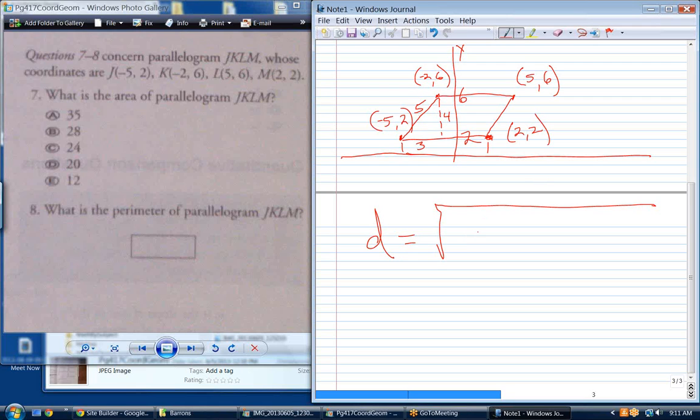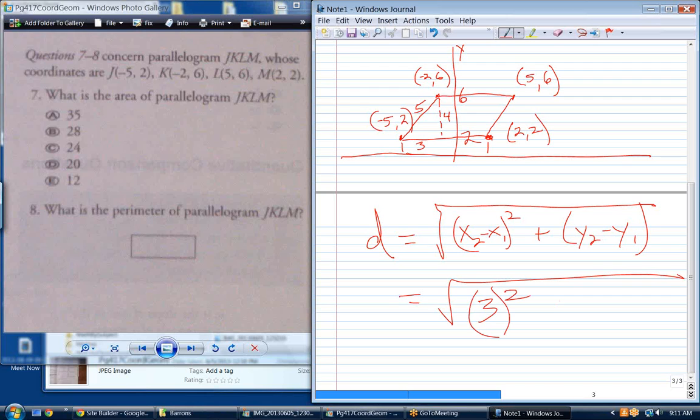So it's x2 minus x1 squared plus y2 minus y1 squared. So in this case, it would be the square root of the differences in the x is 3, and the differences in the y is 4. So that would have been the hard way.